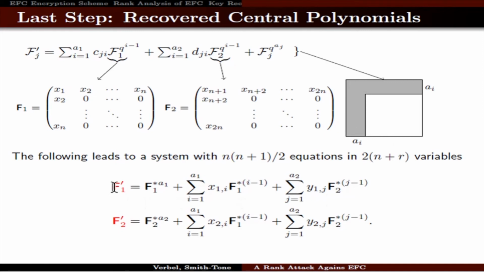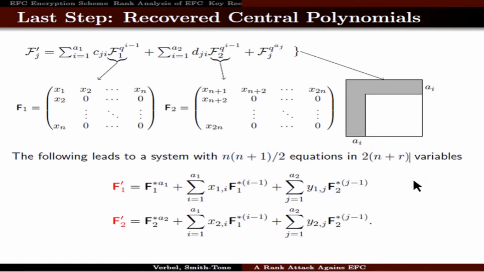So we have to solve this equation, and for doing that, we establish the following system of non-linear equations. Here we know F1 prime and F2 prime, the maps that we recover by finding the matrix W. We have one variable for one of these coefficients and one variable for each non-zero entry of the matrices F1 and F2. That results in a system of this number of equations in this number of variables.